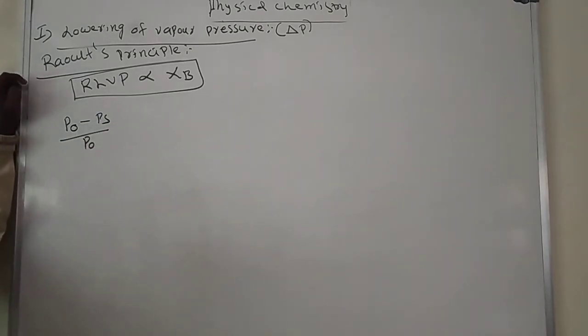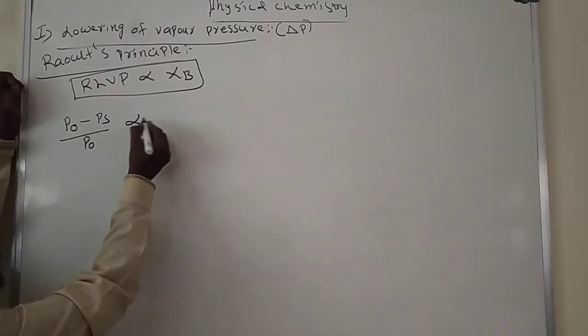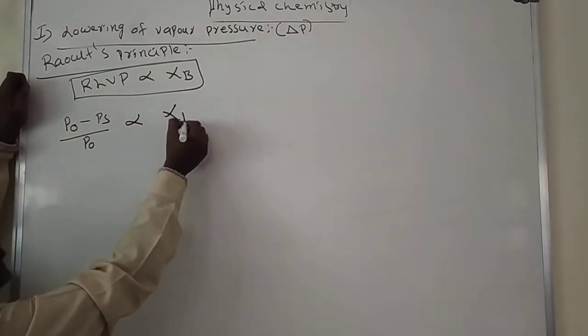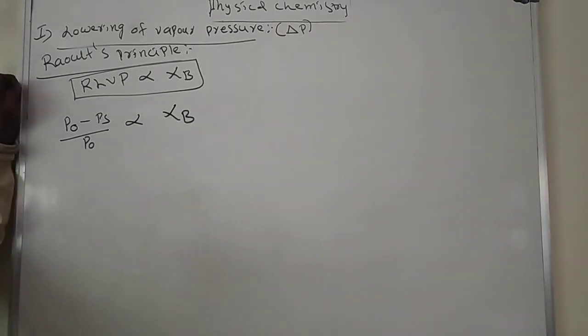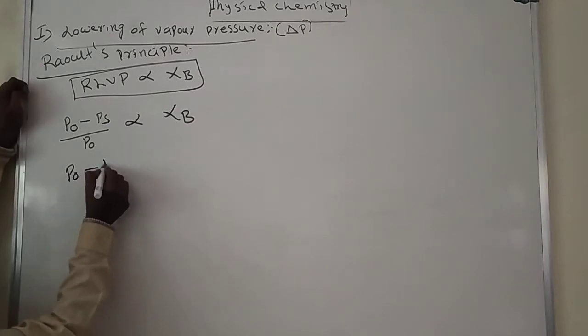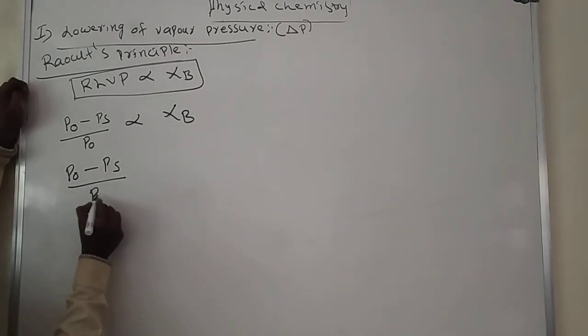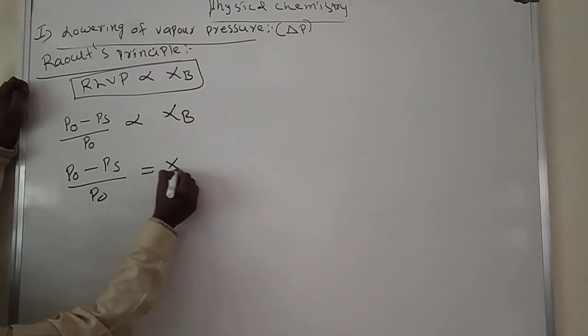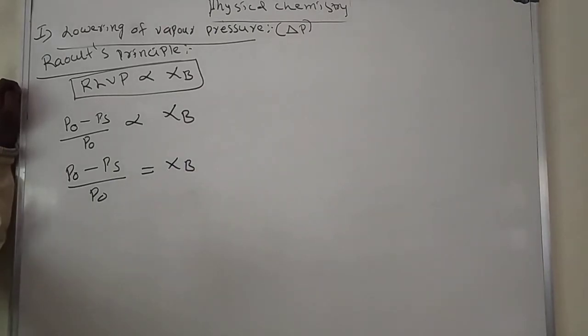The relative lowering of vapor pressure is directly proportional to, or equal to, the mole fraction of the solute, Xb. Here I am taking a constant, or any other, Xb.